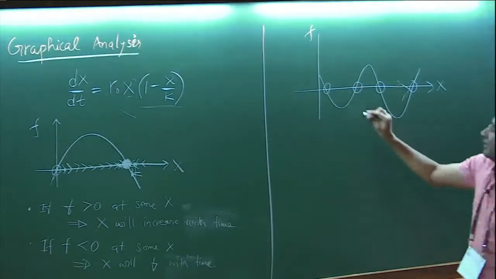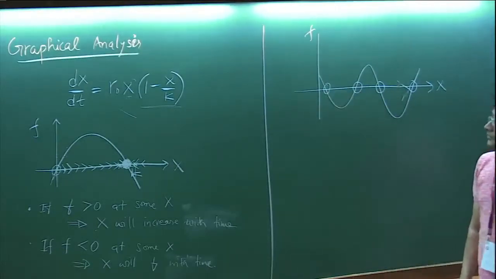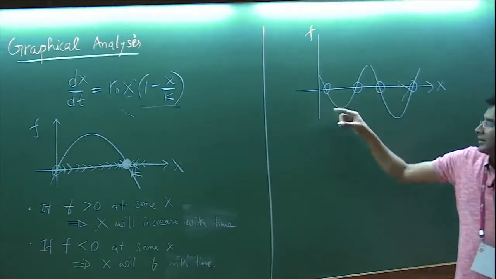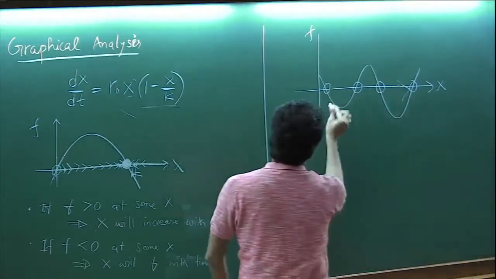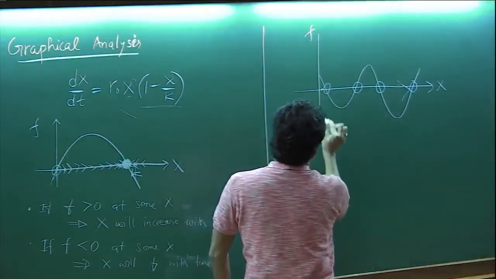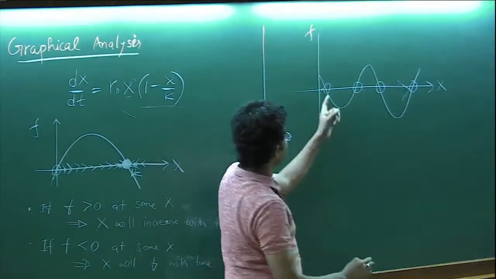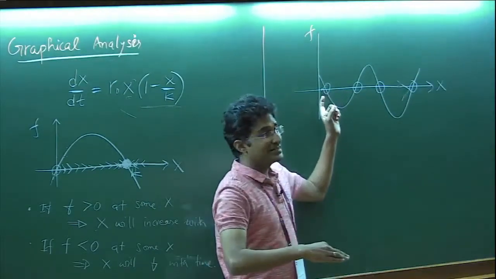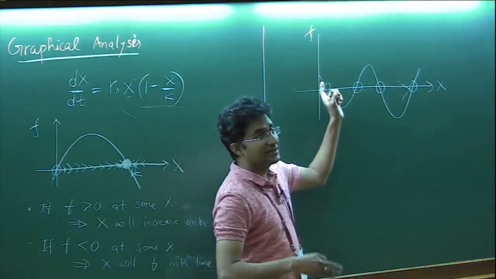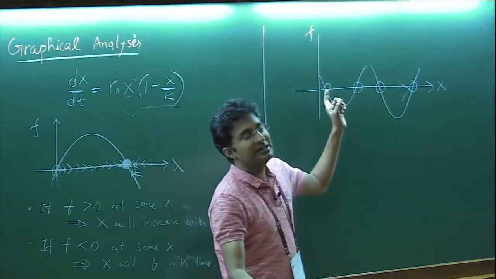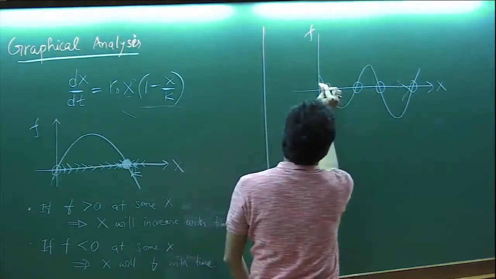And is this stable or unstable? The first one. To do that, all that I have to do is do a perturbation. So if I made a left perturbation, meaning I have reduced the population density, f is positive, meaning it will increase the population size. Therefore, it will be this.